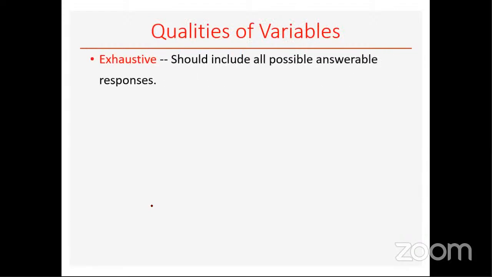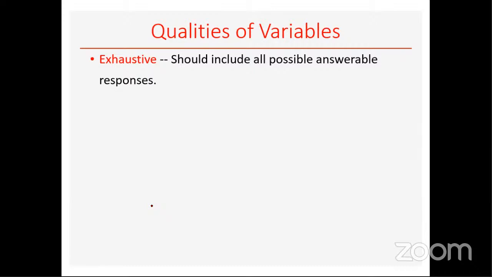Now, qualities of variables. One quality is that they are exhaustive, which means they include all possible responses. For instance, when I say gender, we have male and female. There are different modifications, but we're looking at the standard meaning.